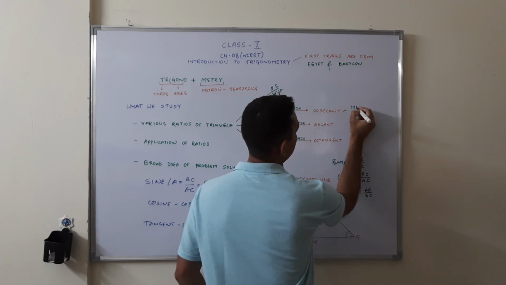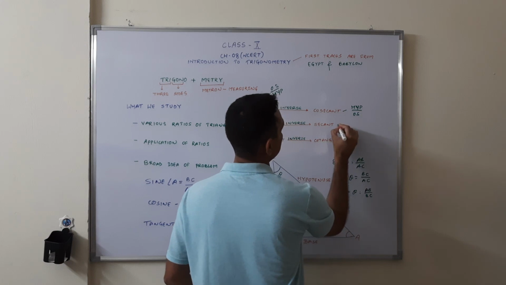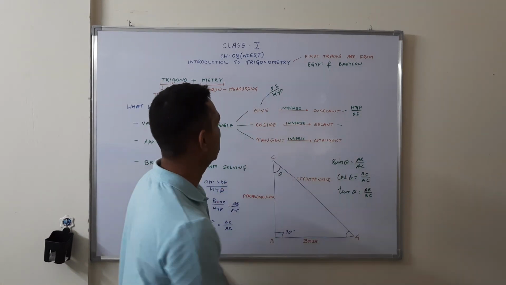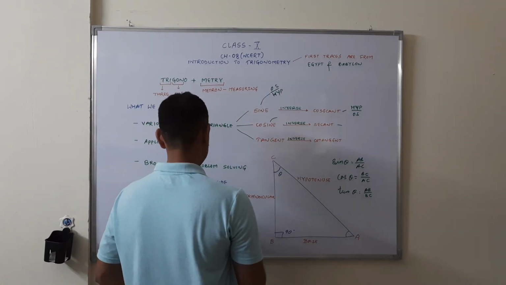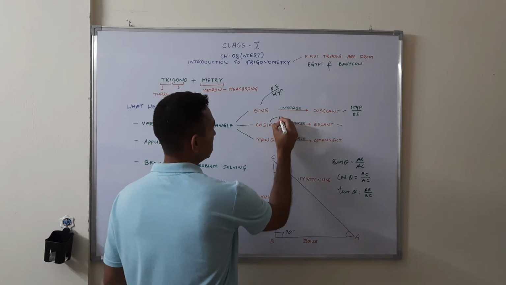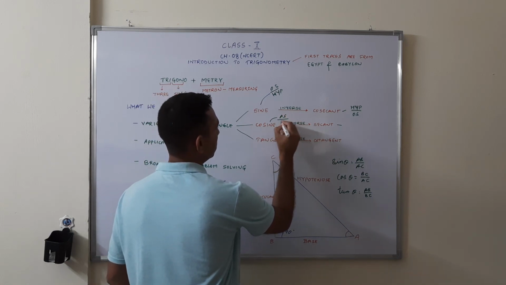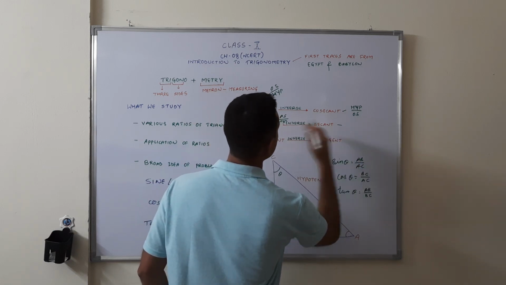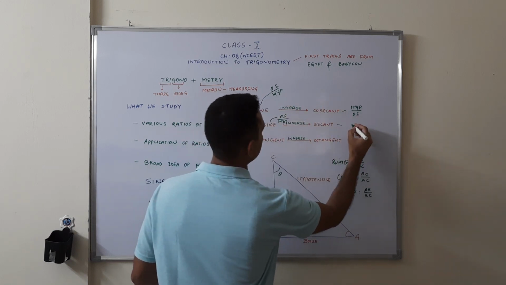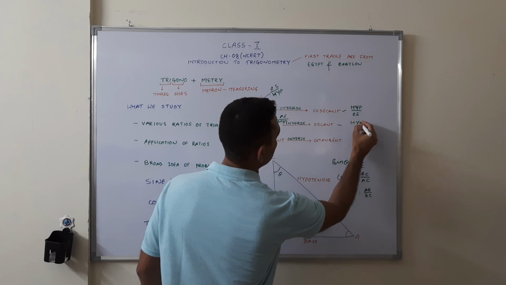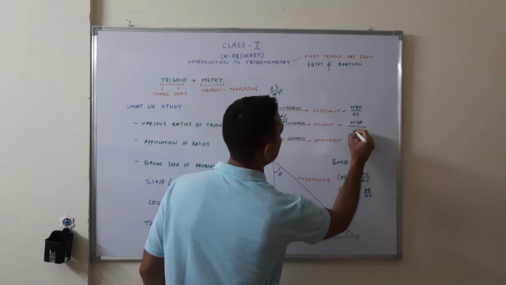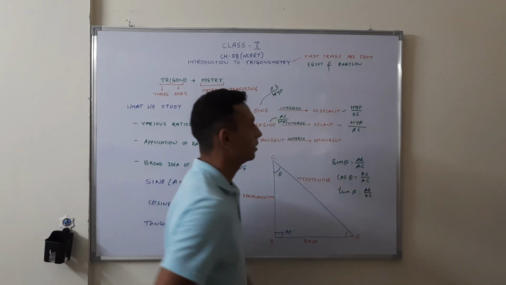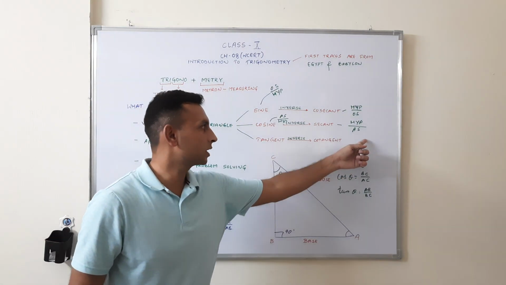It is nothing but hypotenuse upon opposite side. Likewise, for the cosine, when I have written the function as adjacent side upon hypotenuse, what does the secant mean? That is nothing but the inverse of this, that is hypotenuse upon adjacent side.